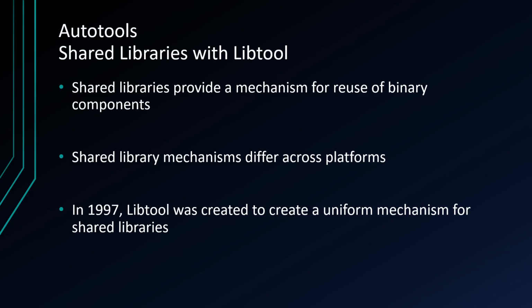So Autotools generally refer to the three things: Autoconf for configuring the package, Automake for generating the makefile, and Libtool for creating shared libraries. And Libtool came about because some systems don't even have shared libraries. I think at this point every modern system has shared libraries. But in the late 80s and early 90s, shared libraries were relatively new to Unix. Some systems had them, some systems didn't.